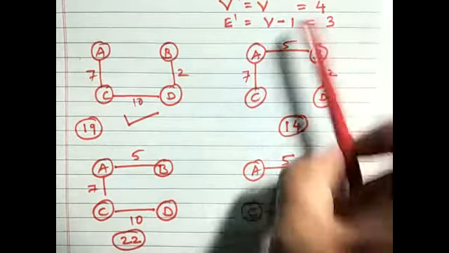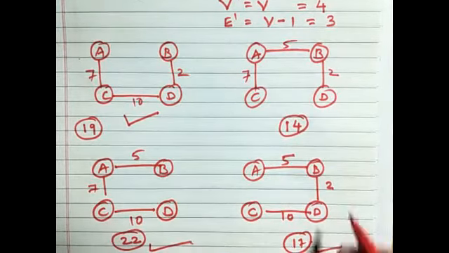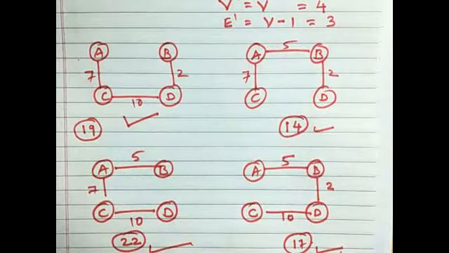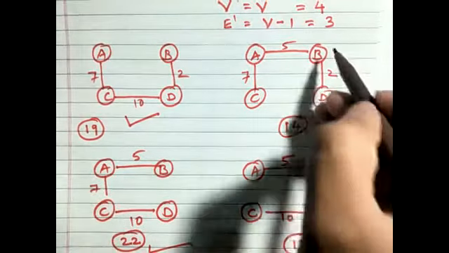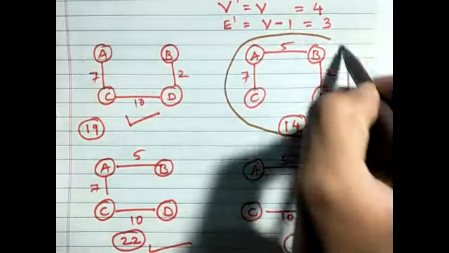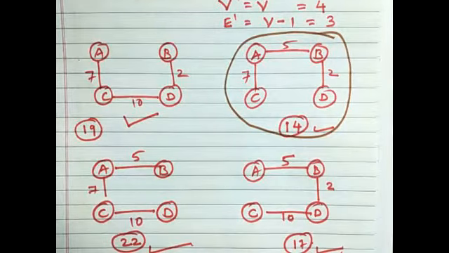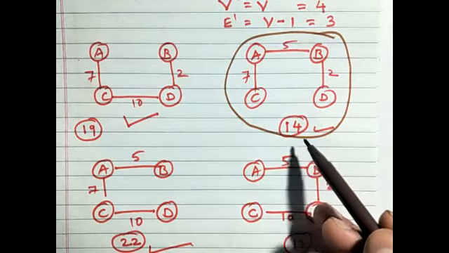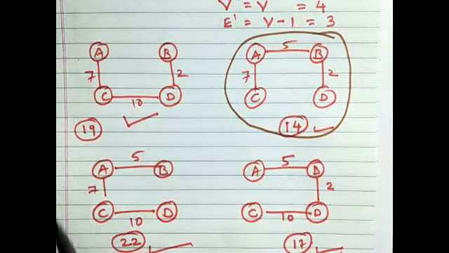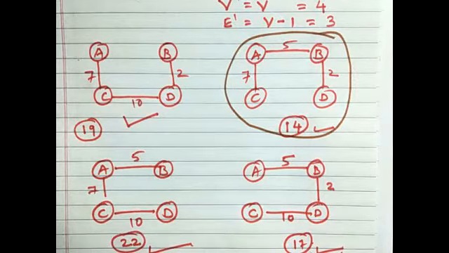I can say that out of these 4, I can consider this spanning tree as the minimum cost spanning tree, because its cost is 14, which is the minimum among all these 4 values. I hope the concept of a graph, the spanning tree, and the minimum cost is understood.